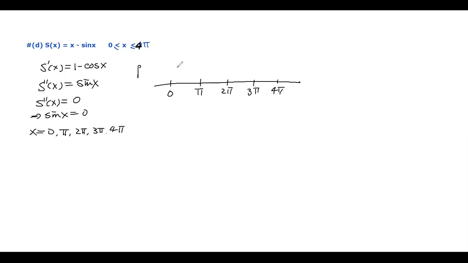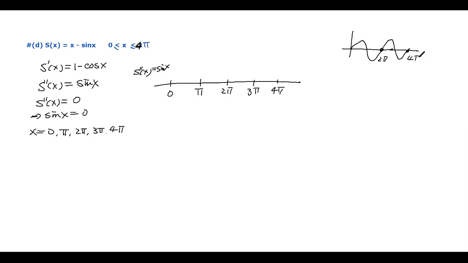So this is my second derivative. The second derivative is double prime of x, which is sine x, right? Okay, so now let's take a look. Here is the graph of sine x, right? This is 2 pi, this is 4 pi.